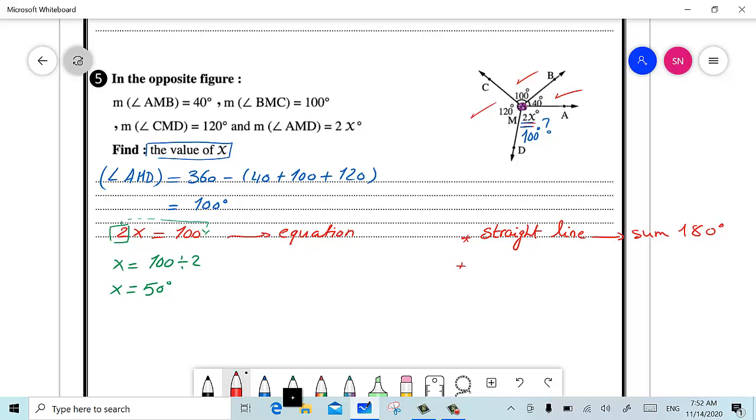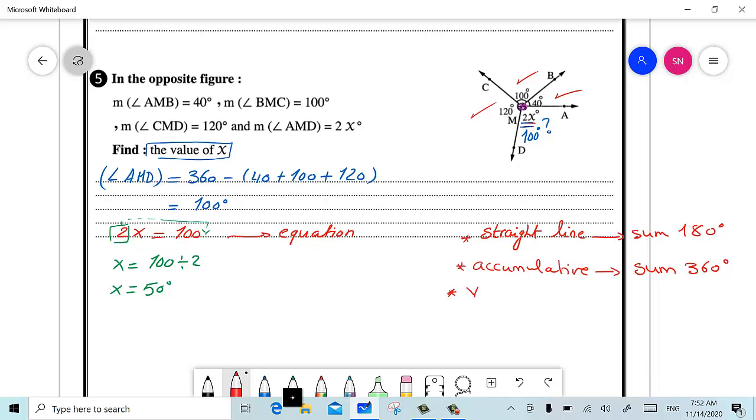The second relation is if you have accumulative angles, which are angles around one point. If all the angles are around one point and only one is missing, I know that the sum is equal to 360 degrees, so simply it's 360 minus the sum of the angles which are given, since they are all accumulated around one point.